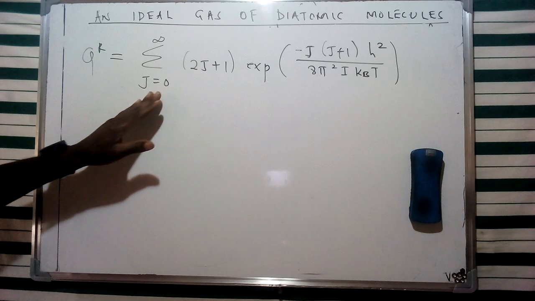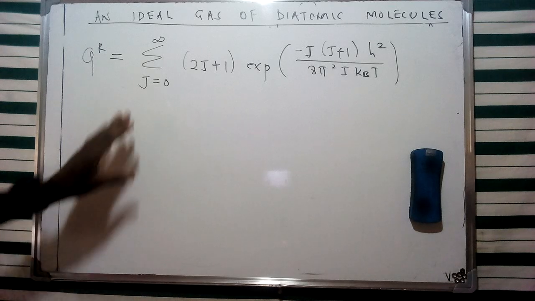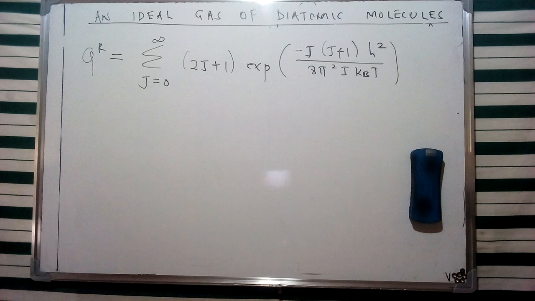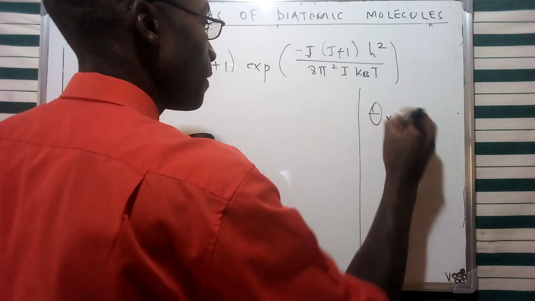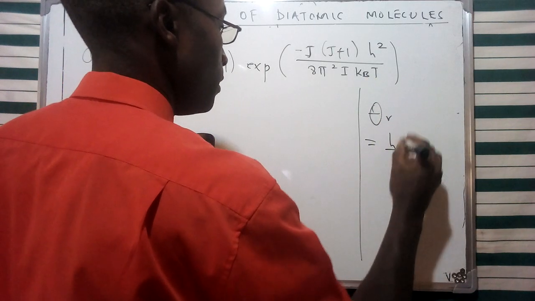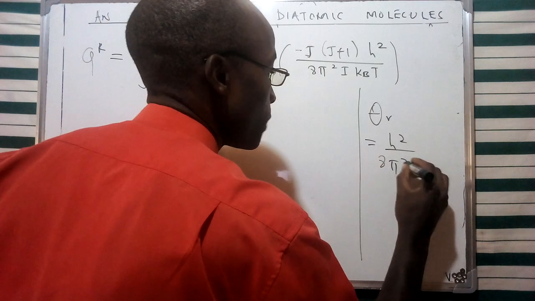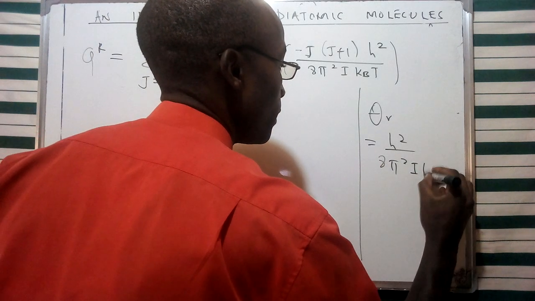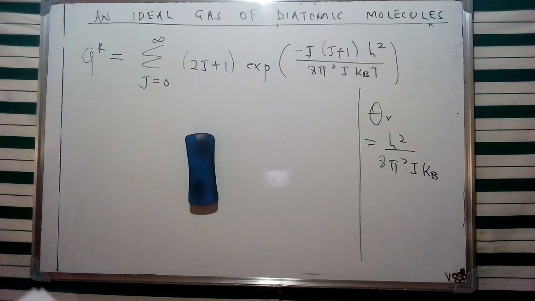Now in this case I'm also going to expand this one, and we have decided that we are going to consider the aspect of a rotational temperature, which we have given as theta_r, and theta_r we said is going to be given in terms of h squared over 8 pi squared I k_B, and that represented our rotational temperature.